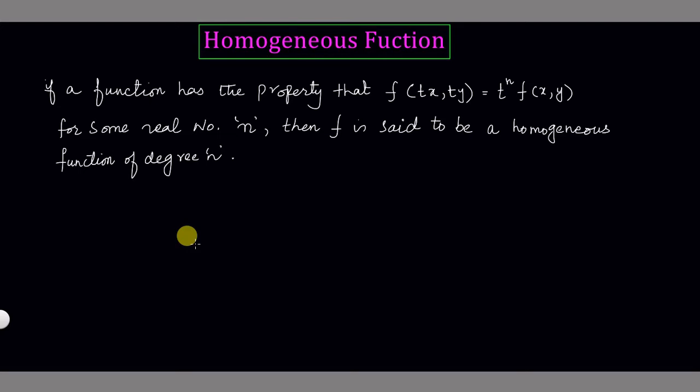For example, example number 1: we have a function f of x, y, a two variable function, equal to x square minus 3xy plus 5y square, and we want to confirm whether this function is homogeneous or not. How will we check this?